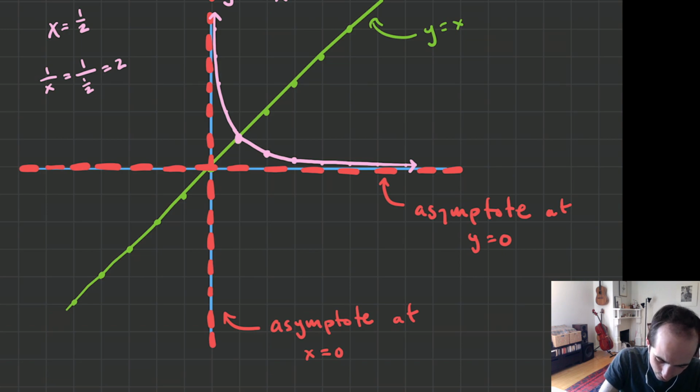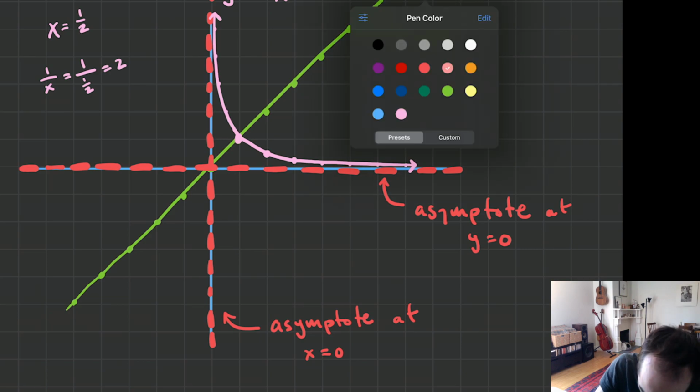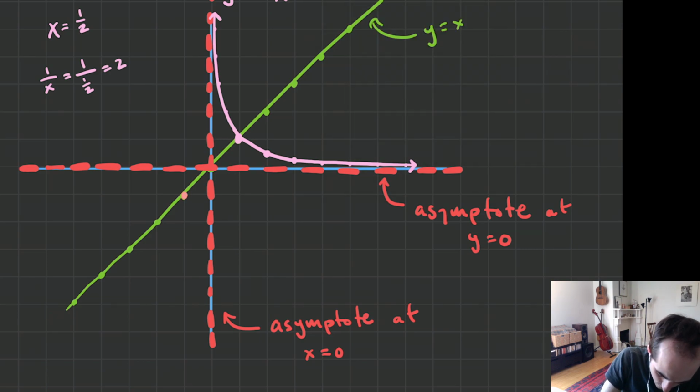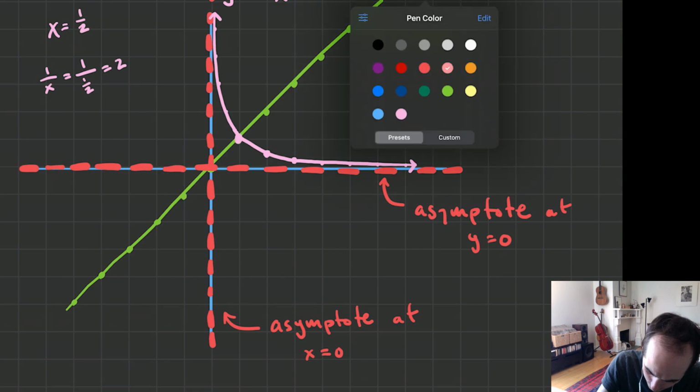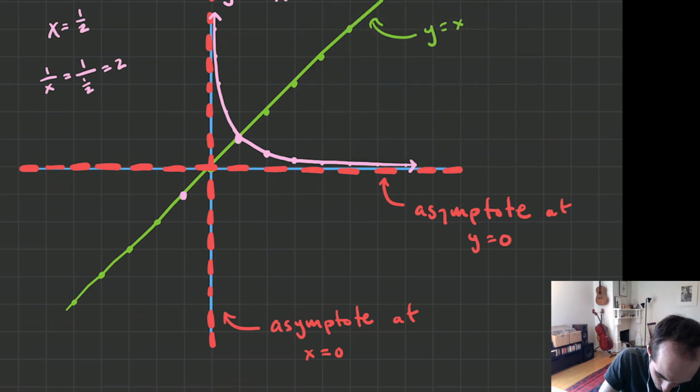So if x is equal to -1, right over here, what's 1 over -1? Well, -1. So, oops, this should be purple. That's purple. Okay, so I've got -1, -1. Let's go a little bit further to the left. If x is equal to -2, I've got -1/2, right?